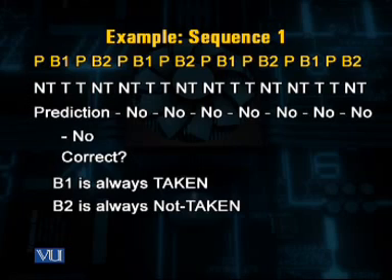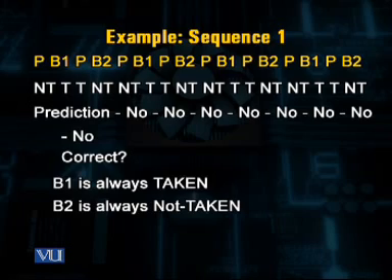So this goes on changing from taken to not taken alternately. Similarly, B2 is initially not taken and then it alternately changes to taken and not taken.